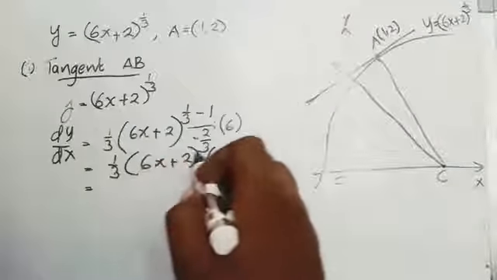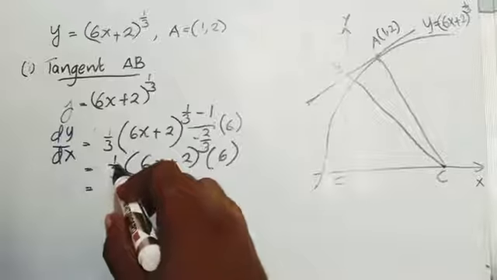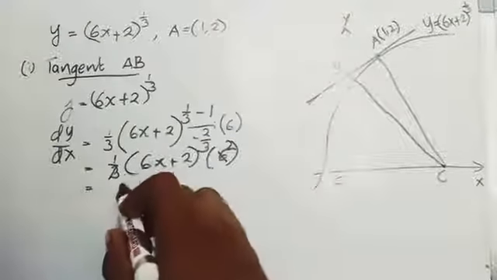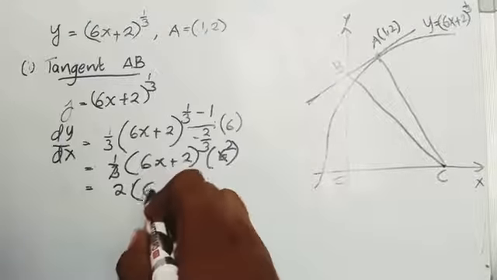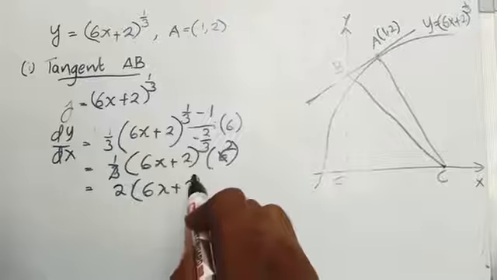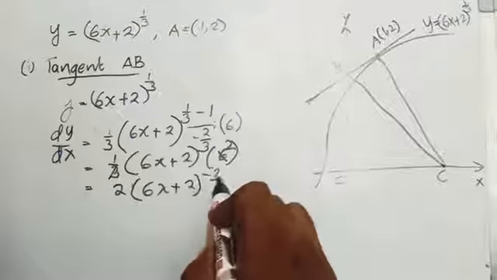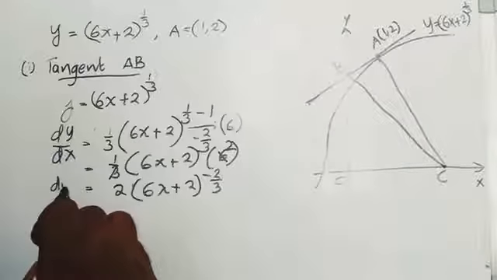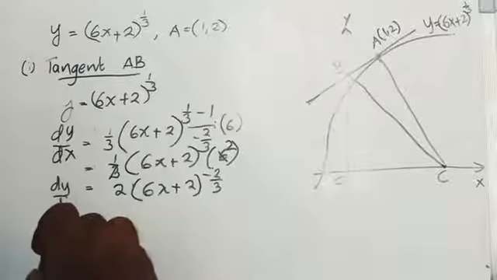So when you do the operation with 6 and 1 by 3, we get 2. So 2 of (6x plus 2) raised to minus 2 by 3. That is dy by dx.